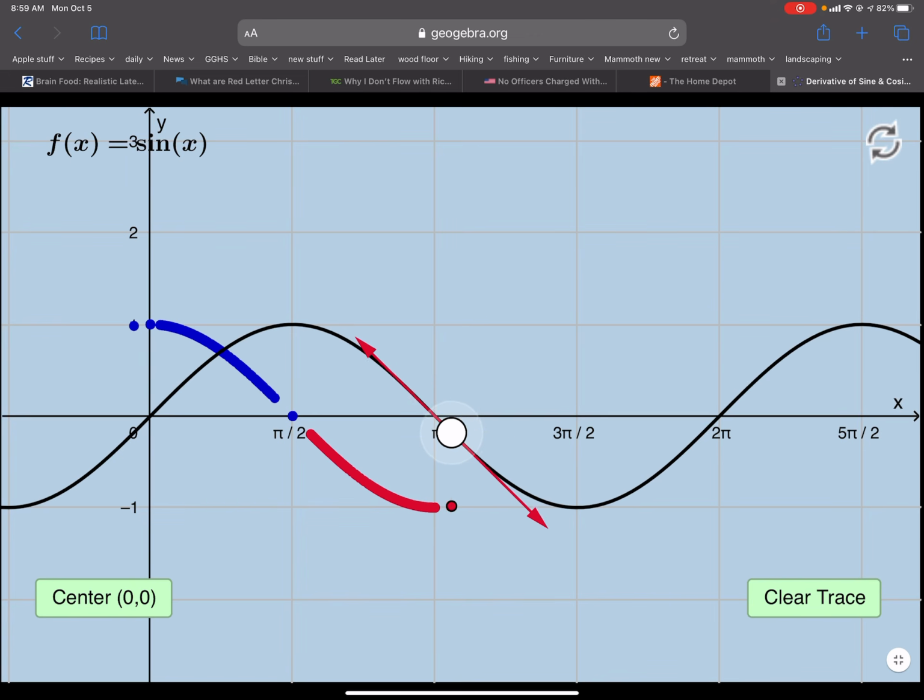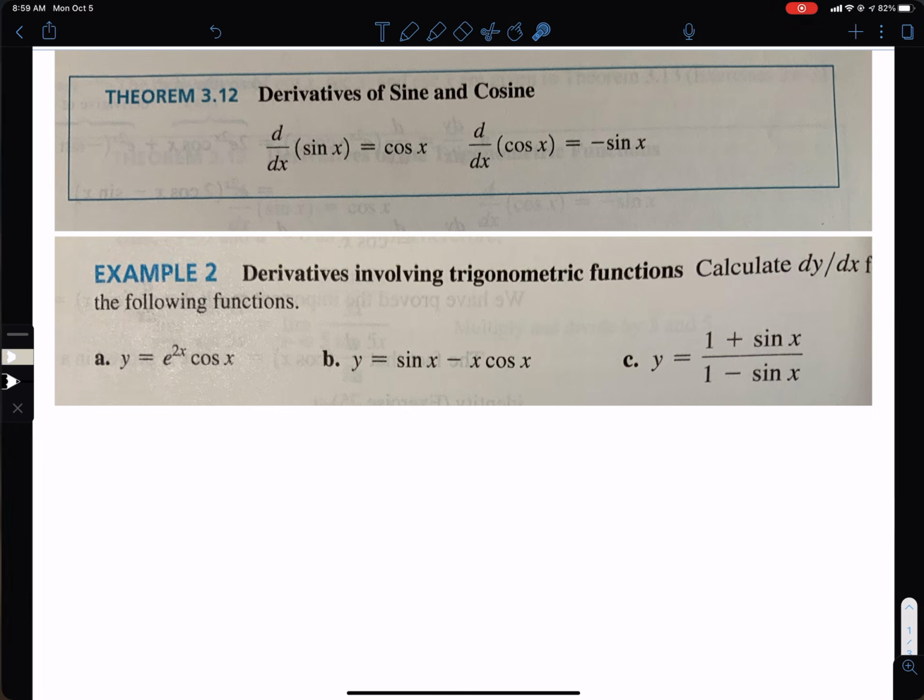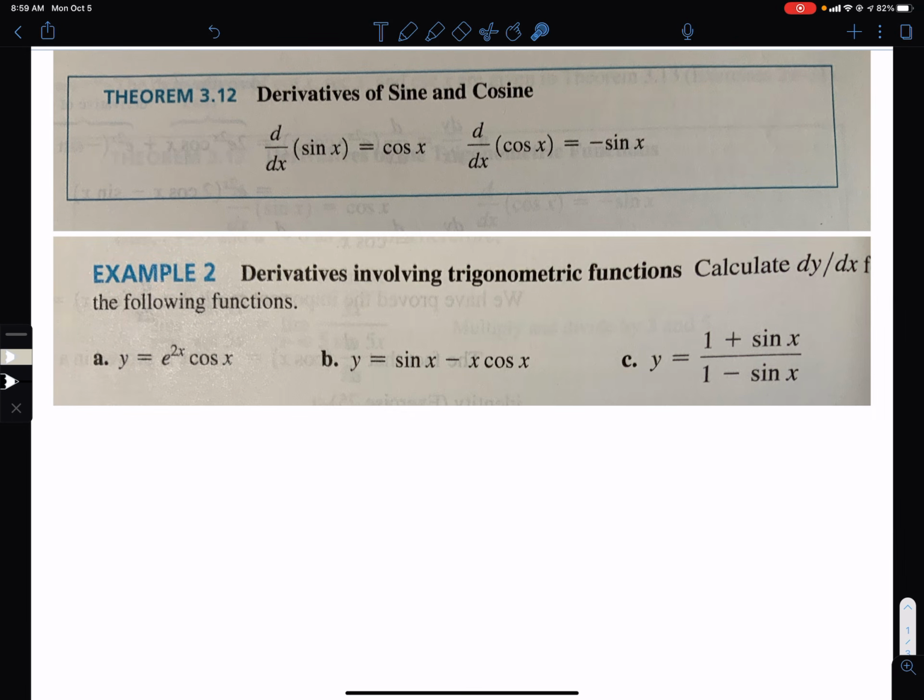And then it starts to flatten out as I move to the right and drops back to 0, becomes positive, maximum of 1, starts to decrease back to 0. And if you look at this function, that is the cosine function. So the derivative of the sine is the cosine. So that will help you with these.